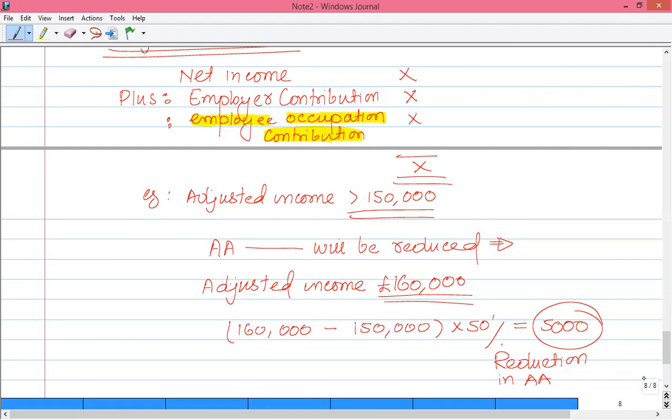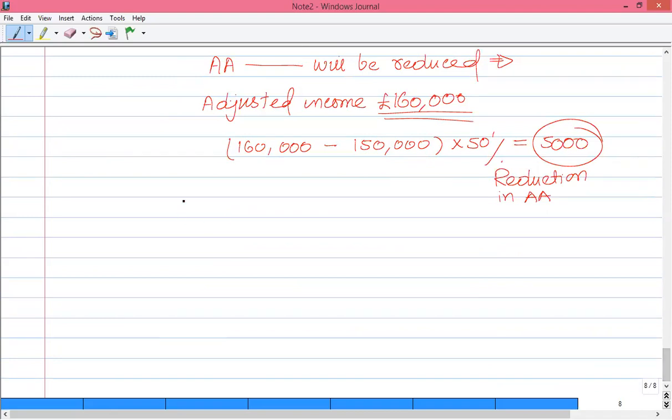But one thing you should remember is that the maximum reduction is up to 10,000. It means that the annual allowance cannot be reduced by more than 10,000.